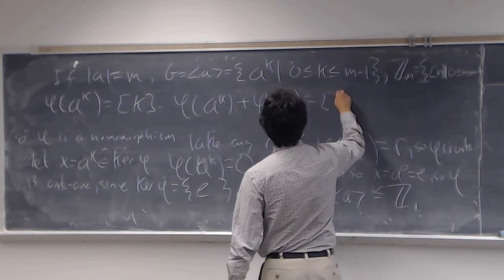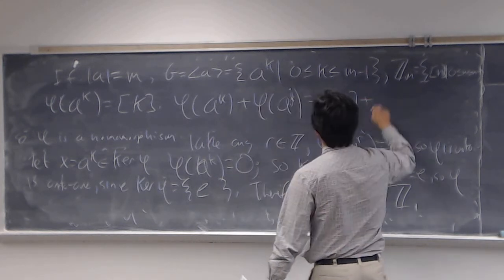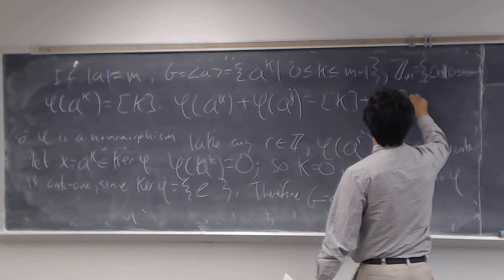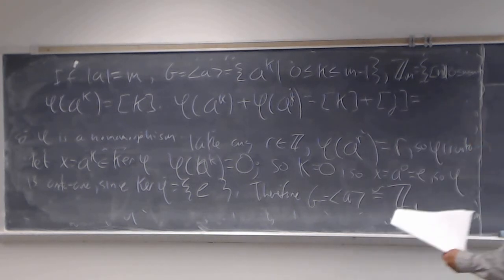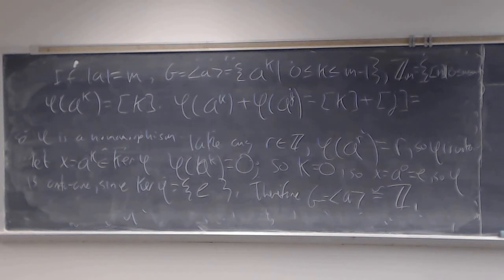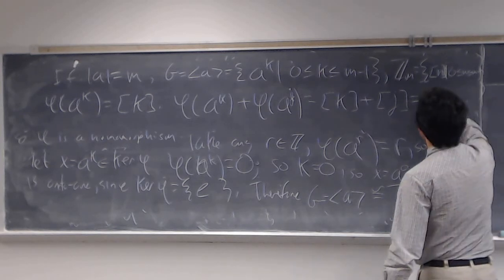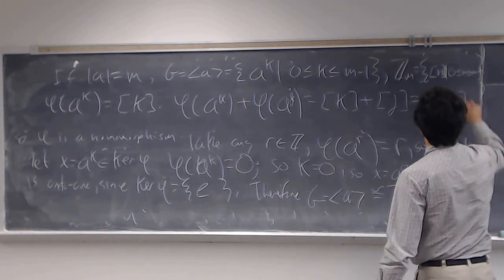That's the class determined by k, and that's the class determined by j, but in the integers mod n, just like in any factor group, the way we add cosets is we just add the representatives, or use the group operation.